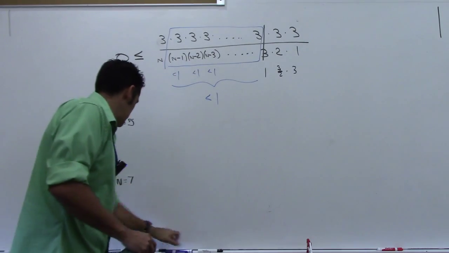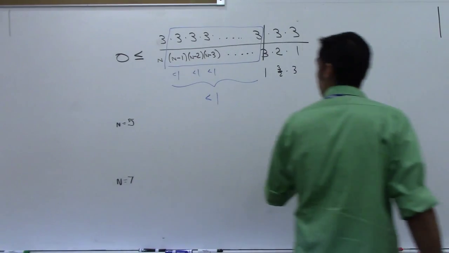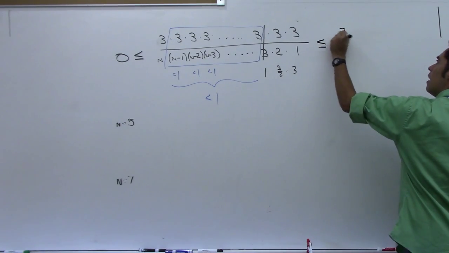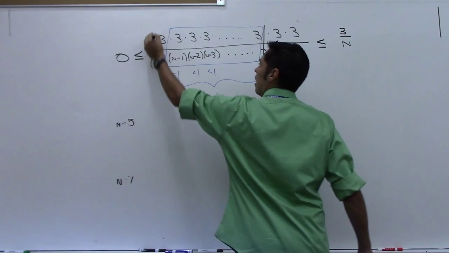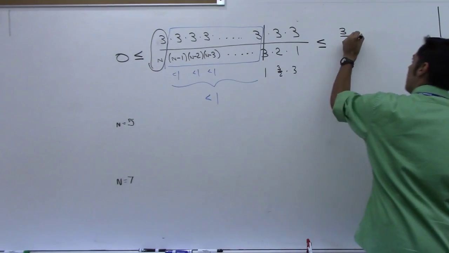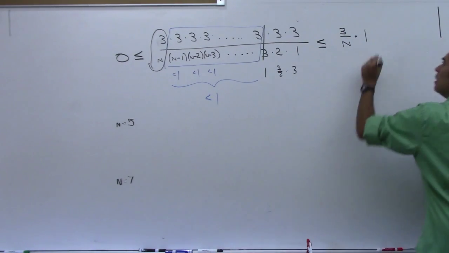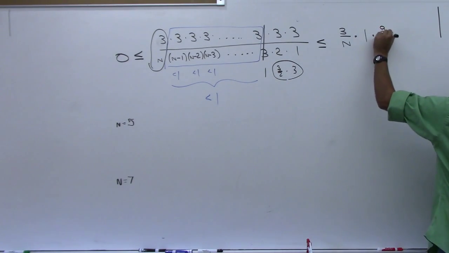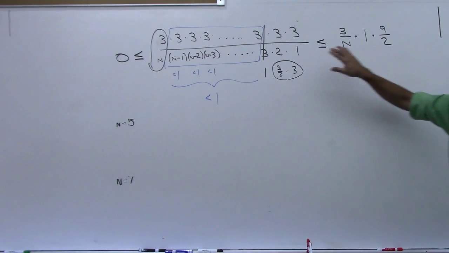So tell me if you see, well, don't tell me because you can't tell me, what you think of this. 3 over n, which is the very front, I didn't touch it, times 1 times these two multiplied together, which would be 9 halves. Do you agree that this is bigger than this?